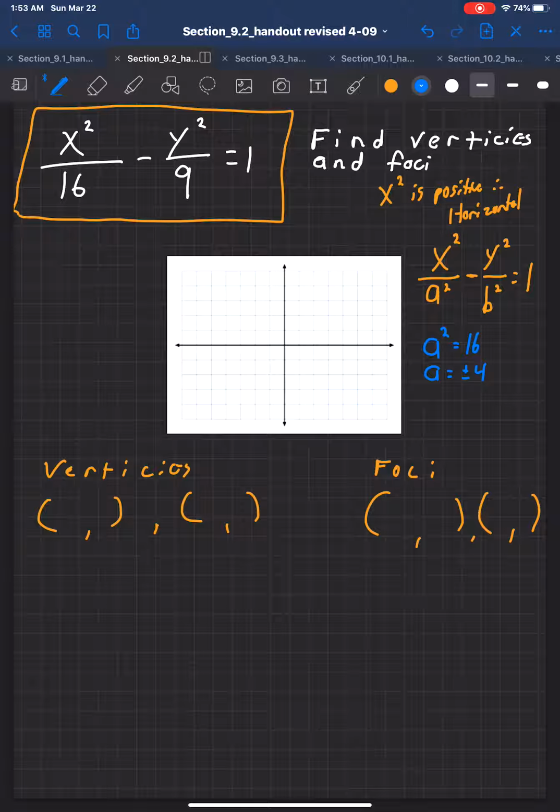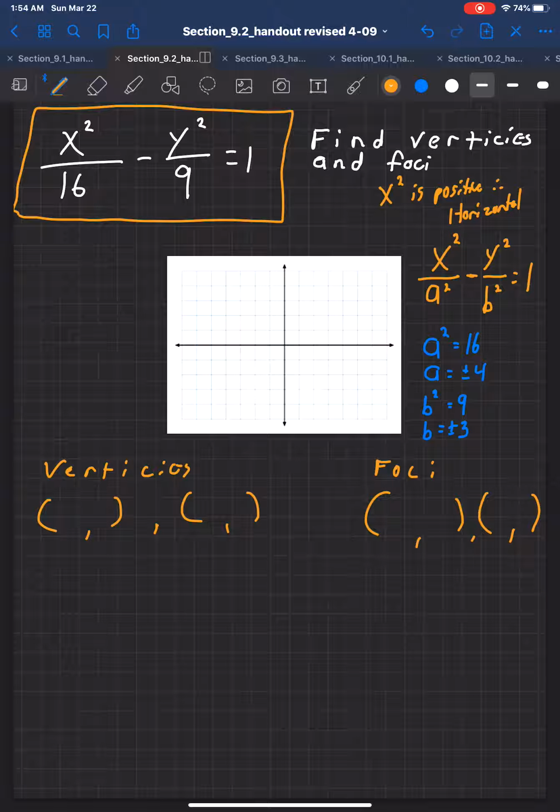And in this case, b squared is equal to 9. That means that b is equal to plus or minus 3. Ready? This doesn't require that I do this for this problem, but I'm just going to go ahead and plot this out.